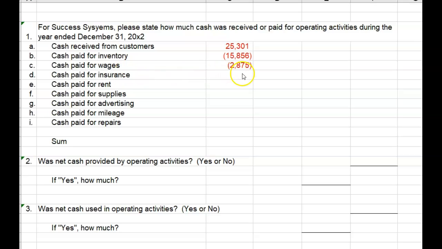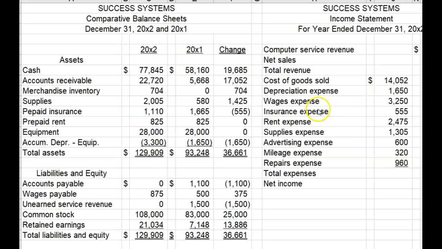Now let's calculate cash paid for insurance. We look at our accrual basis insurance expense, and we see if there are any balance sheet accounts either in the asset section or the liability section that will affect the insurance expense.